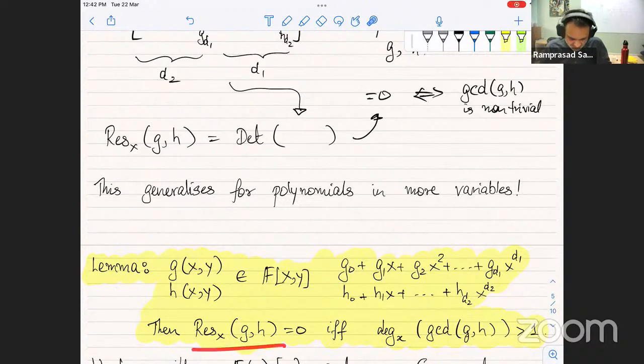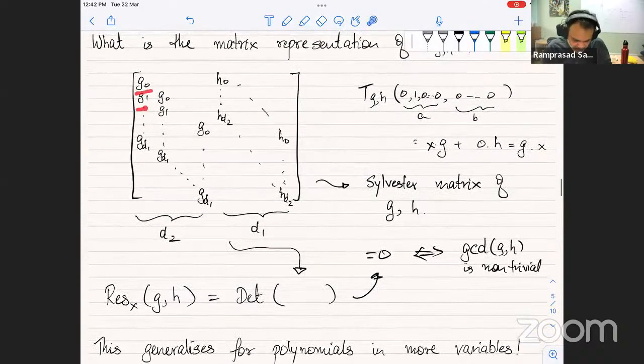And now you do the same thing, you just look at the resultant again, except now G_0, G_1, all of them are polynomials in the Y variables. Previously, they were all constants.